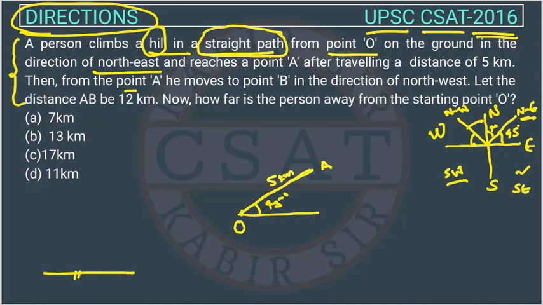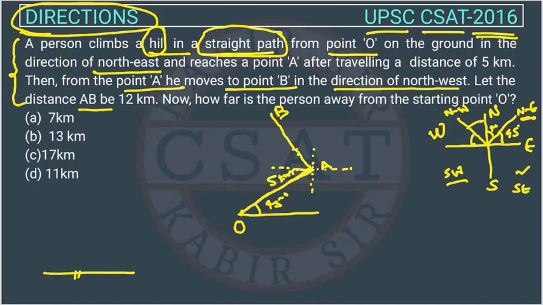Then from point A he moves to point B in the direction of northwest. The northwest direction is on this side, so from here you can imagine or assume the northwest to be this side. This is point B, because he is moving in the direction of northwest.